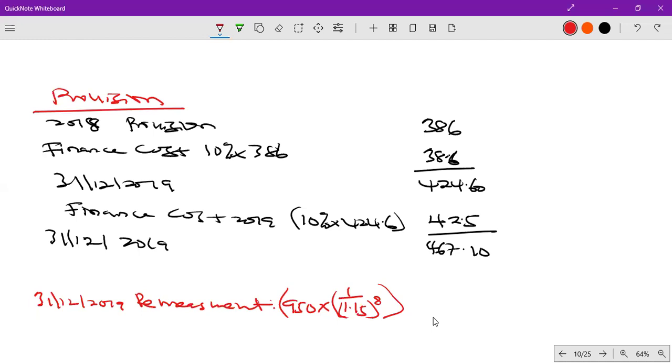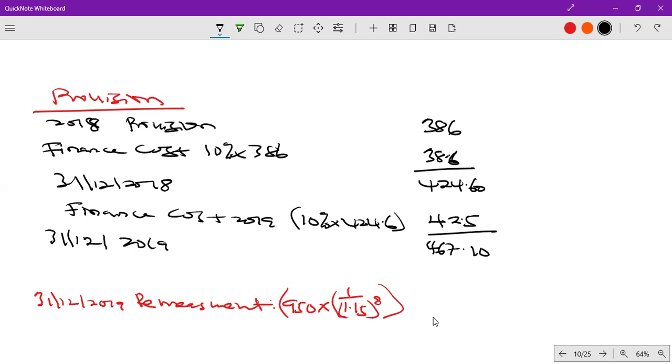This plus this will give you 424.6 as at 31st December 2018. So in 2019, there will be unwinding of discount based on the 10% on the carrying amount of the provision.